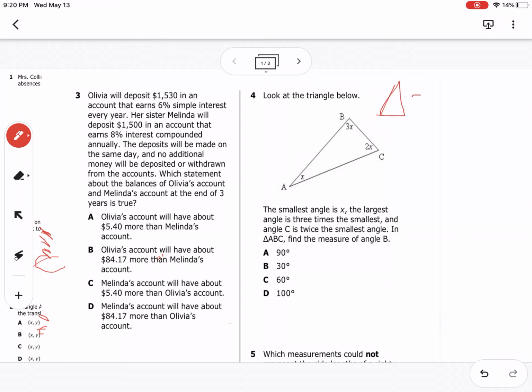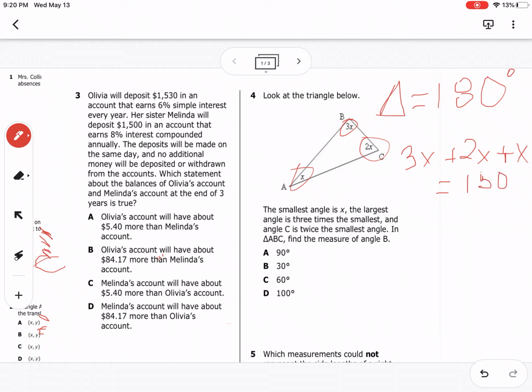Every triangle equals 180 degrees, right? So we have 3 angles here. So we have 3x plus 2x plus x equals 180.